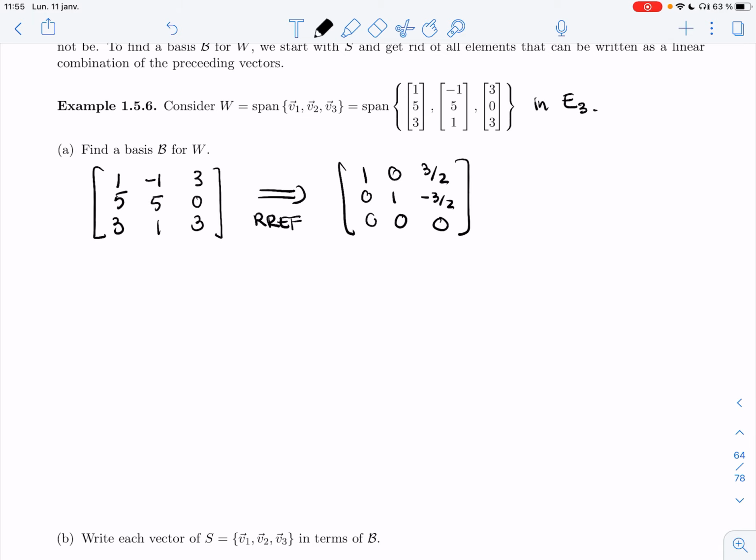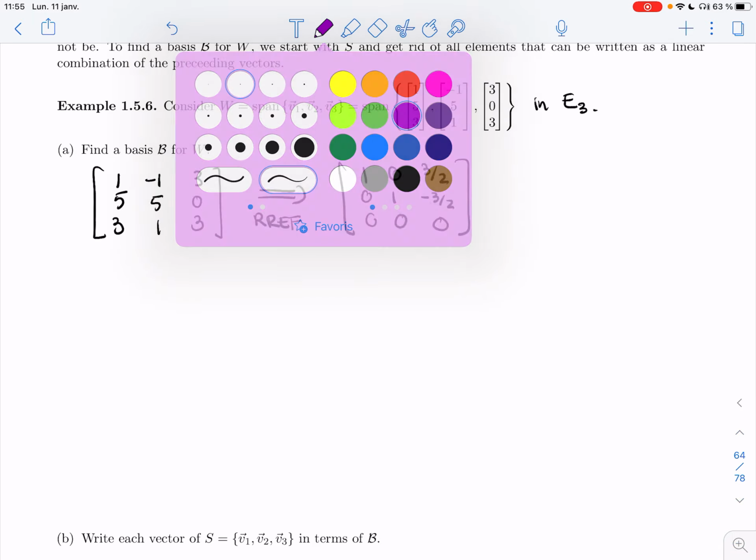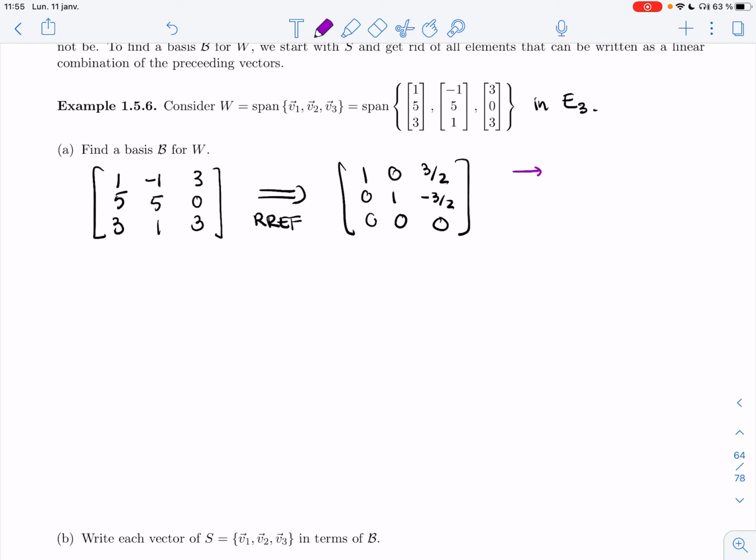So from this, we know that there are infinitely many solutions, and so we know that V1, V2, V3 is linearly dependent. In fact, we know more than this. If I had a line here, then I would have a line here, but the reduction would be the same.